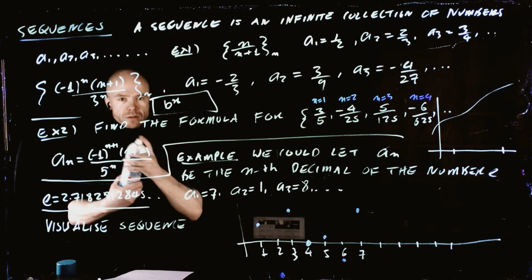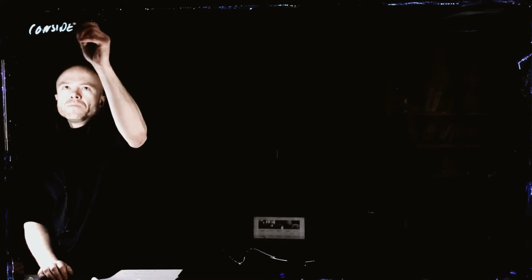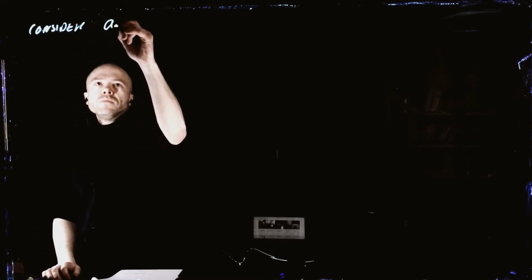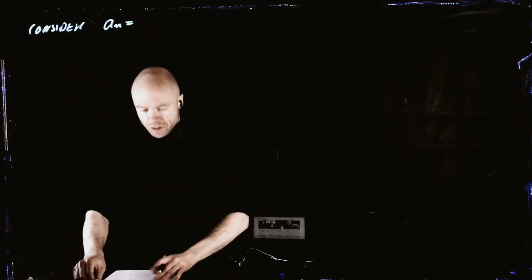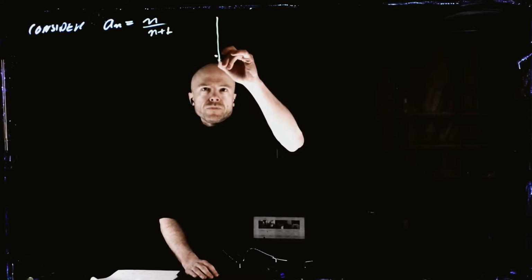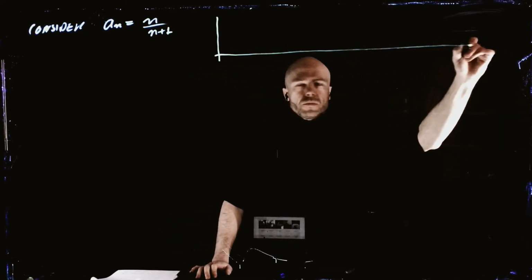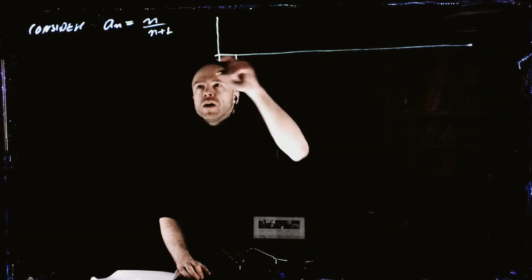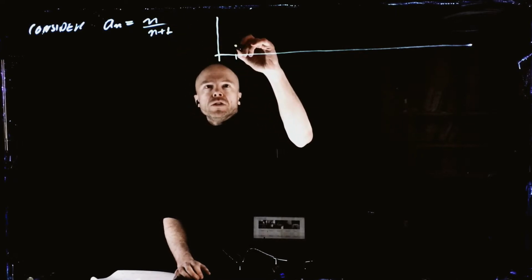So erase the board, do some more examples. an equals n over n plus 1. Let's try and visualize it. So when we have 1, then we have 1 over 2, which is here.